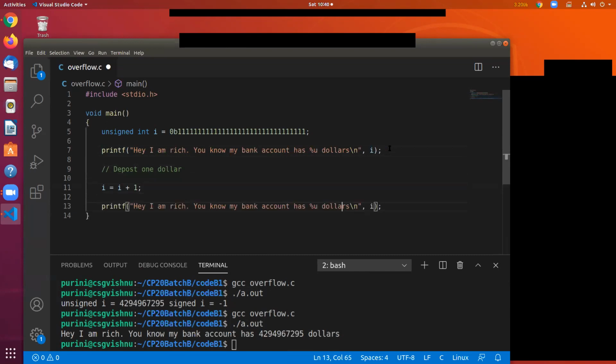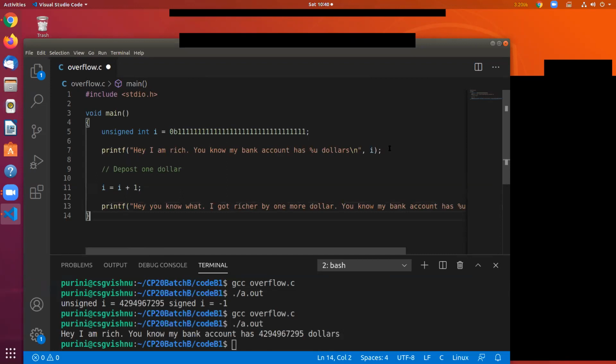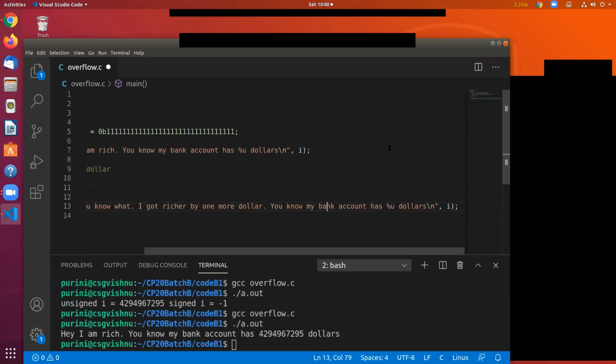And then he says, sorry, and so now he prints how much money he has after depositing one more dollar.